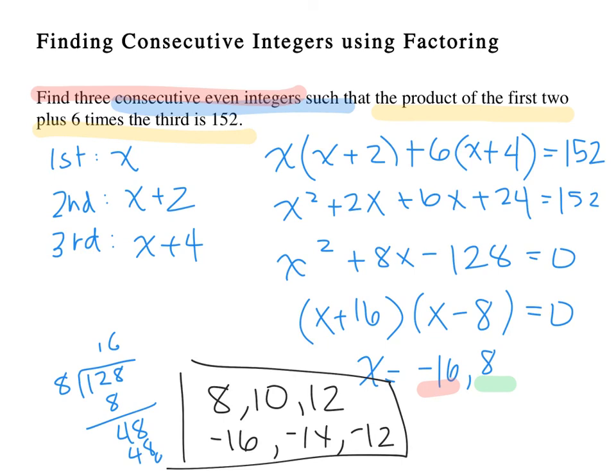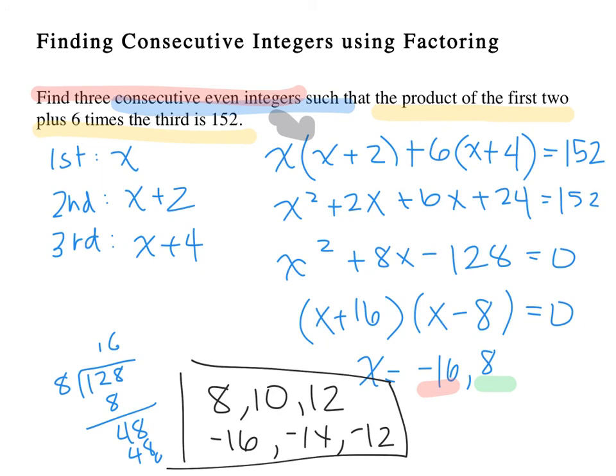For this problem, the most important thing is that you set up your original equation correctly. From there, you should be fine. Basically this whole topic is doing the same thing: you're multiplying out, putting it in standard form, and factoring from there.